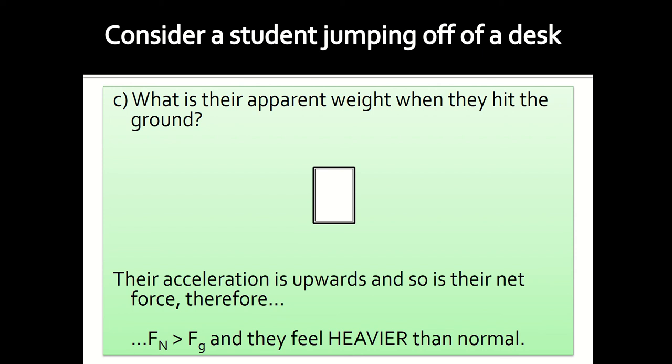To show this, let's write our F net equation. In this case, our normal force vector is going to be bigger than our Fg vector.